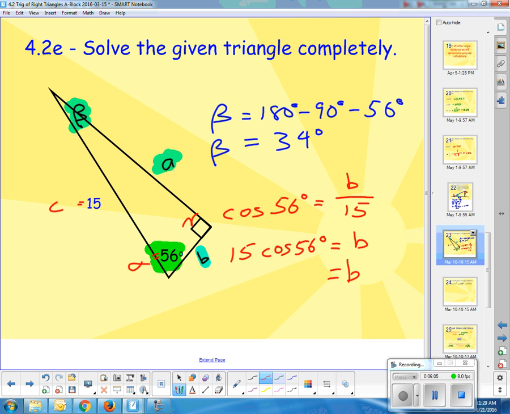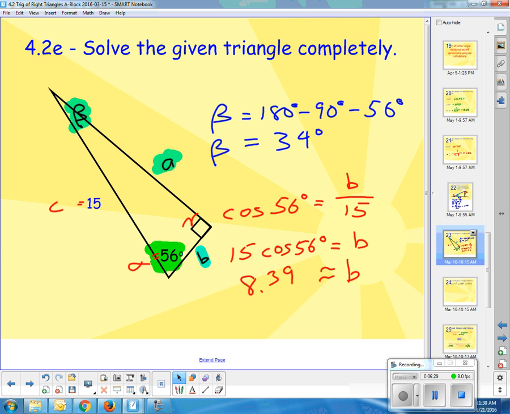Make sure your calculators are in degree mode. And I'll have 15 times the cosine of 56 degrees. And you get approximately 8.39. And I don't have a unit, so it's just 8.39.